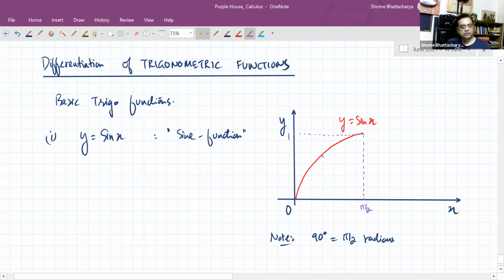For example, pi by 4 is 45 degrees. At 45, the value is 1 by root 2, which is approximately 0.7. Then similarly at 30 degrees, which is pi by 6, the value is half, or 0.5.